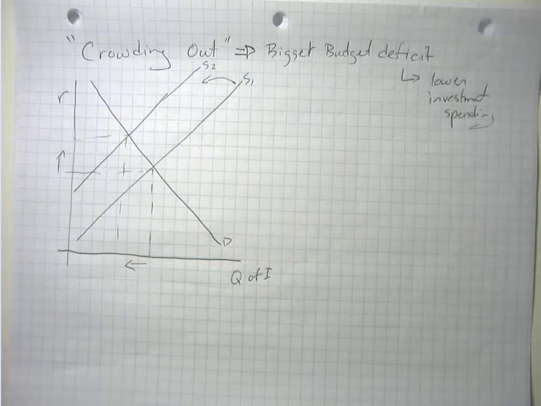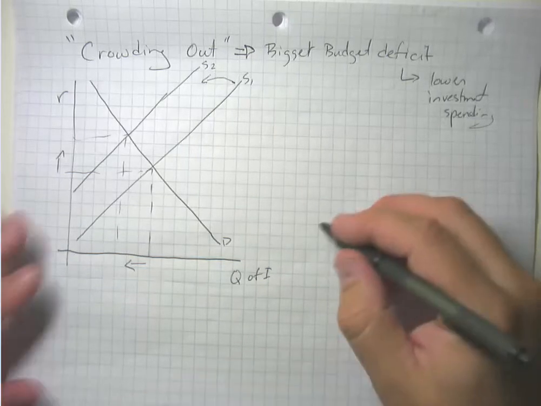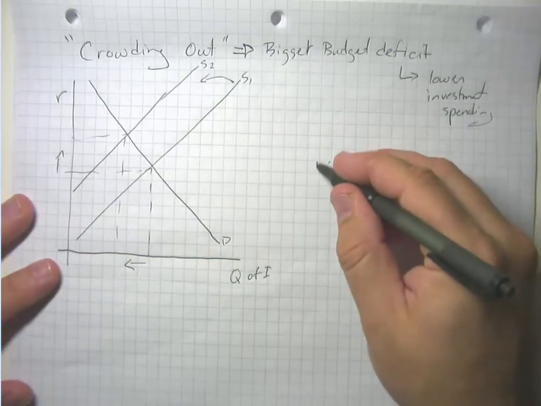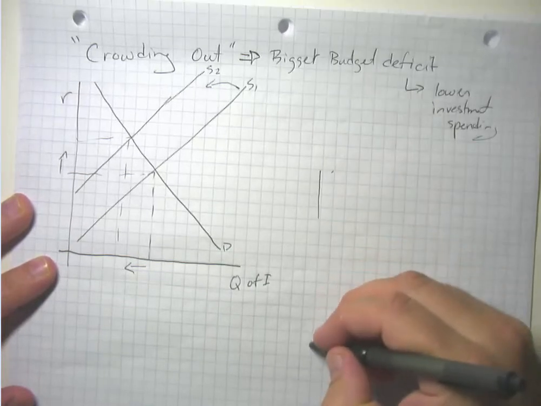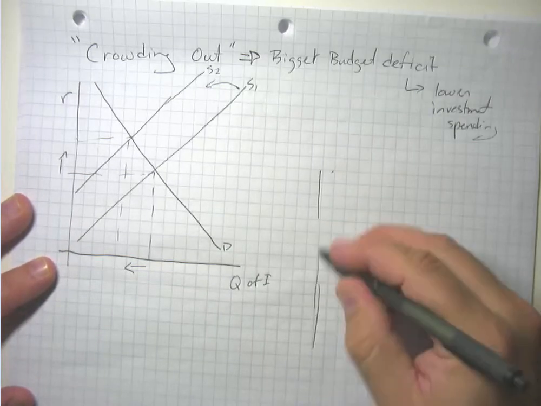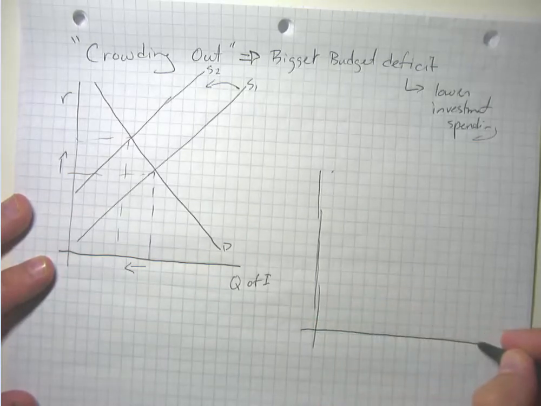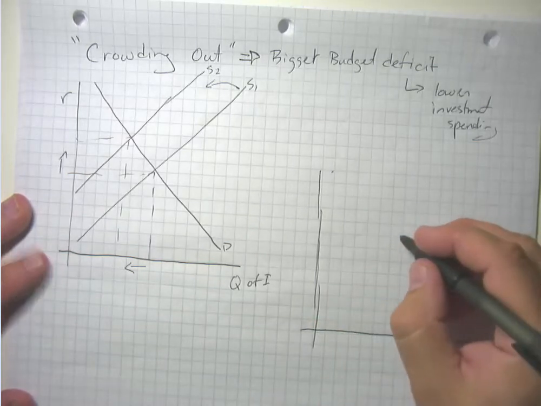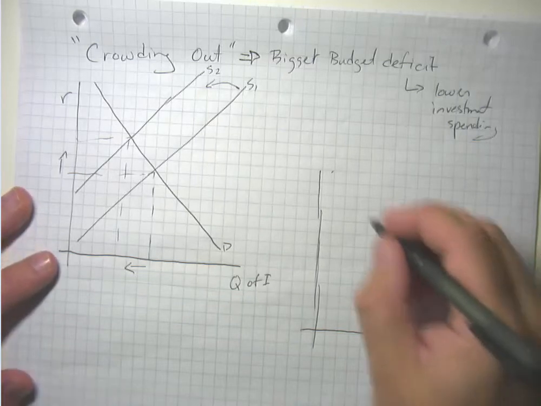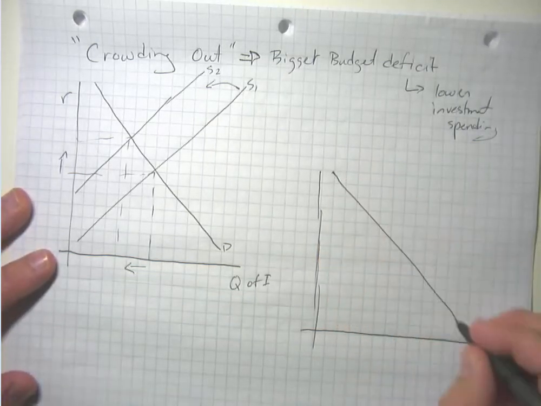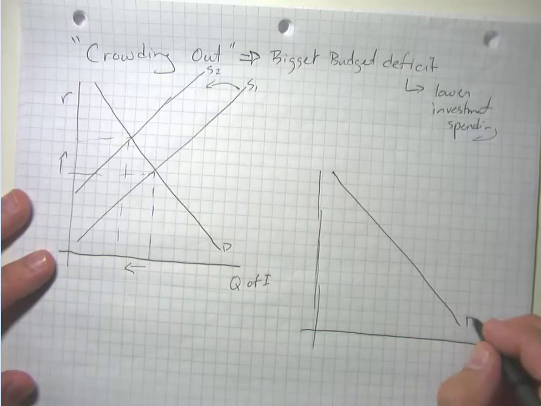And this can happen sometimes. It has been alleged that one of the reasons why investment spending has been relatively weak recently, in the 2008-2007 period, is that we've had large budget deficits during that time.